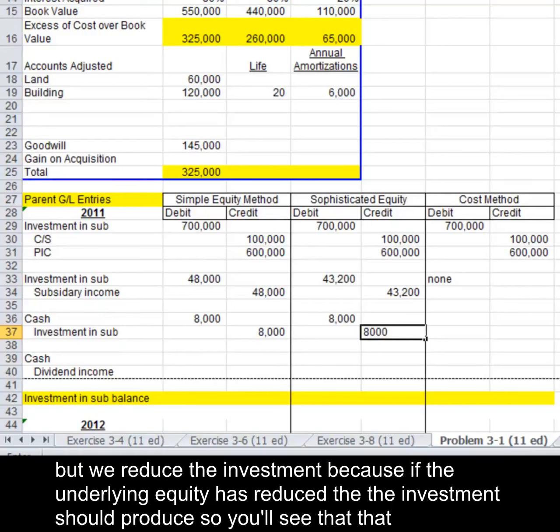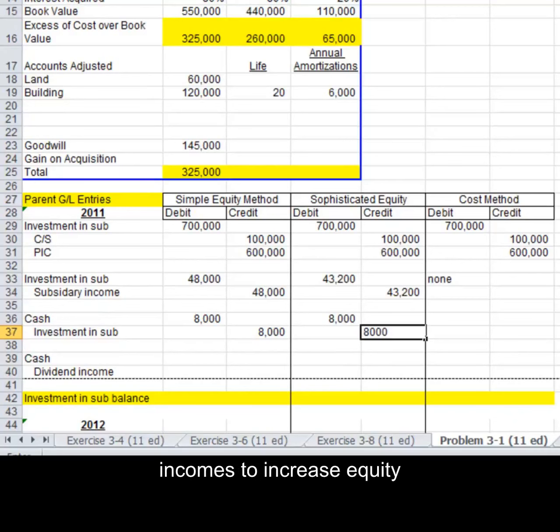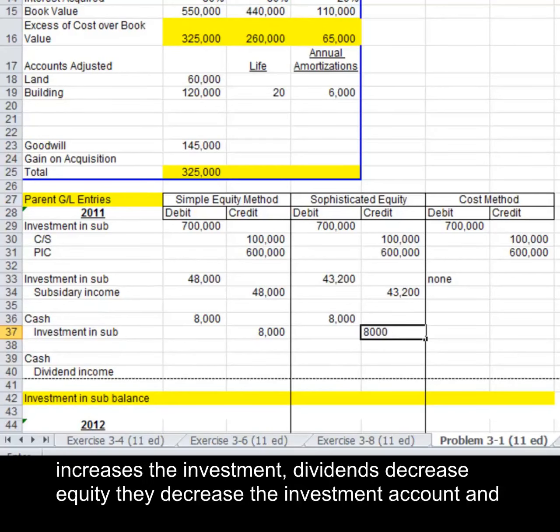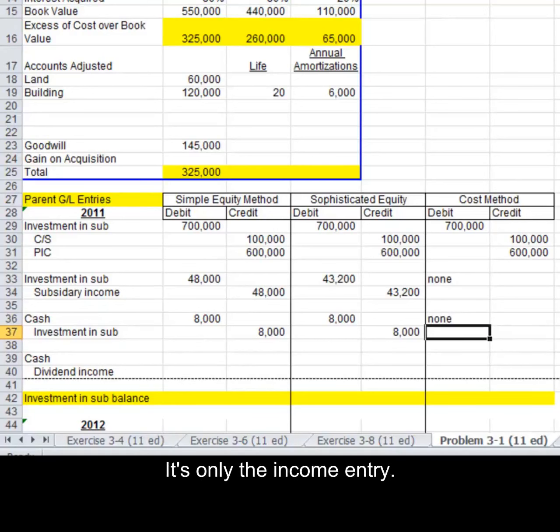So you'll see that direct relationship between equity and the investment holds true. Income's going to increase equity, increases the investment. Dividends decrease equity, they decrease the investment account. And you'll notice that entry does not differ between simple and sophisticated. It's only the income entry.